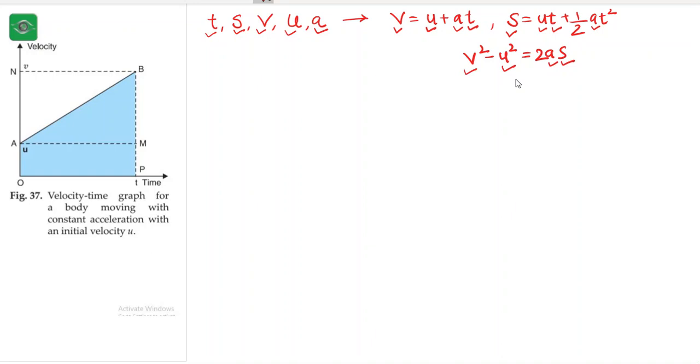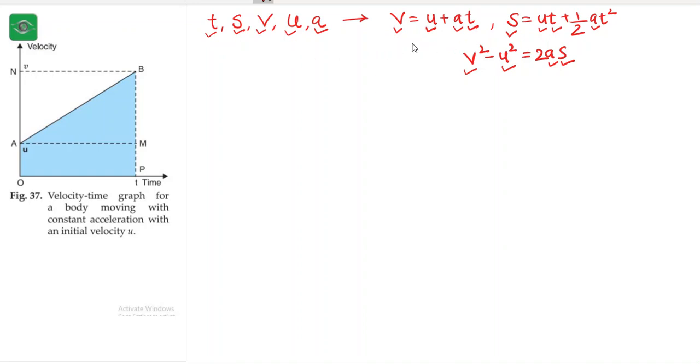So we see over here that there are 4 quantities present in each of the formulae. So any real life examples deal with one of these 4 quantities, either VUAT or SUTA or VUAS, right?